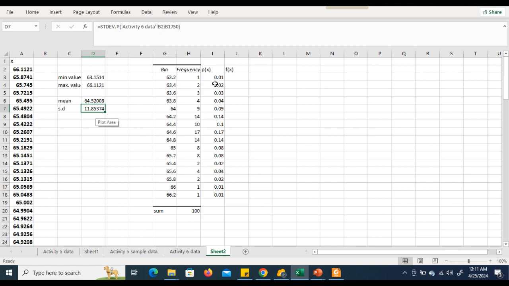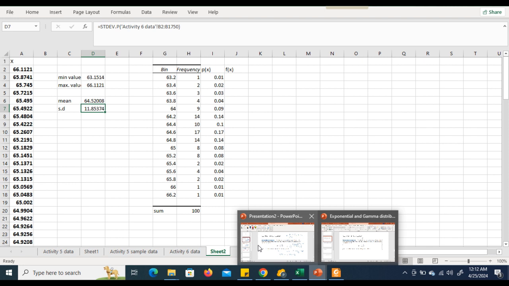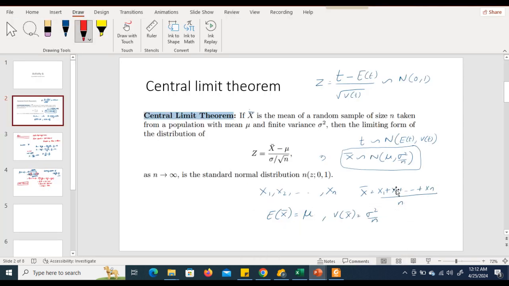But in the central limit theorem, the standard deviation will be sigma upon square root of n, because the variance of x bar is sigma squared by n, so the standard deviation of x bar is the square root of the variance, which is sigma upon square root of n.